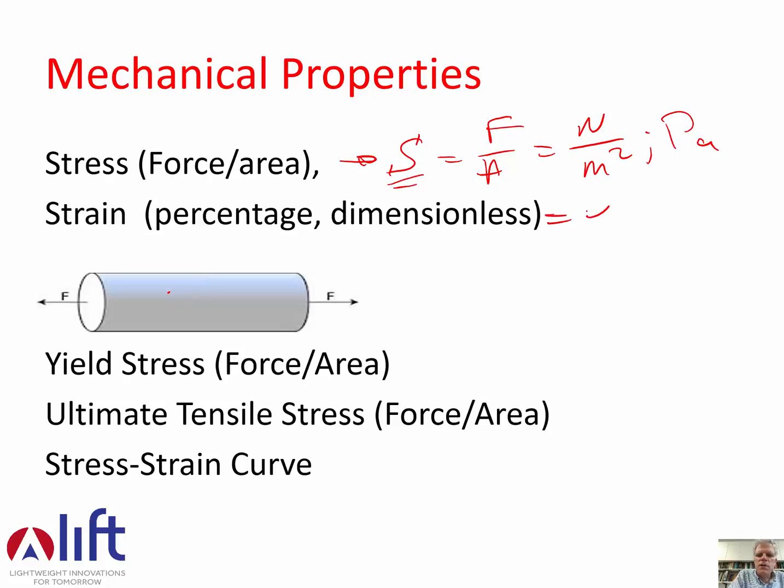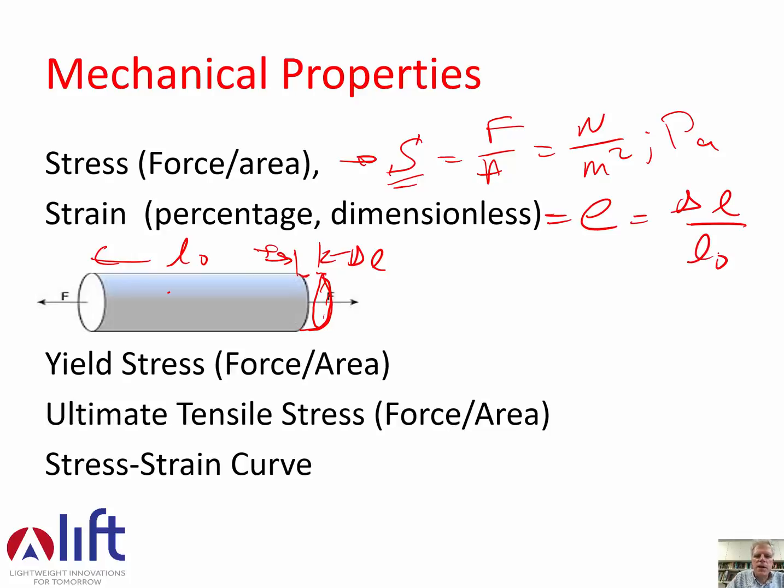Strain, we give the unit E, and if we put a force on it, we might stretch it out this way, and this change in length divided by this initial length is our strain. So strain is equal to the change in length divided by initial length.